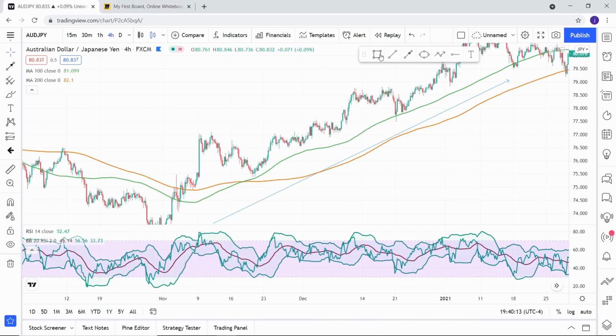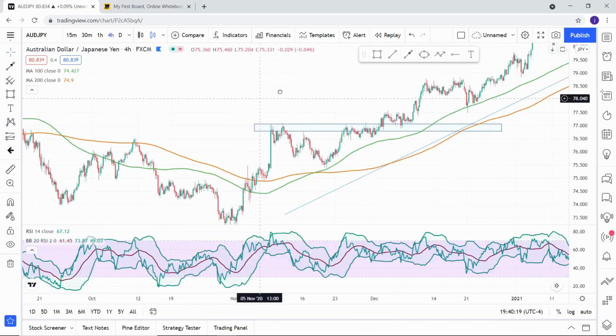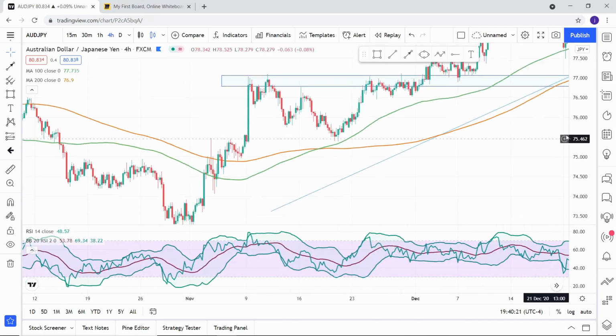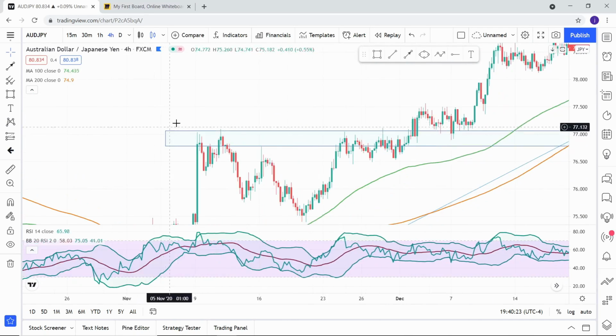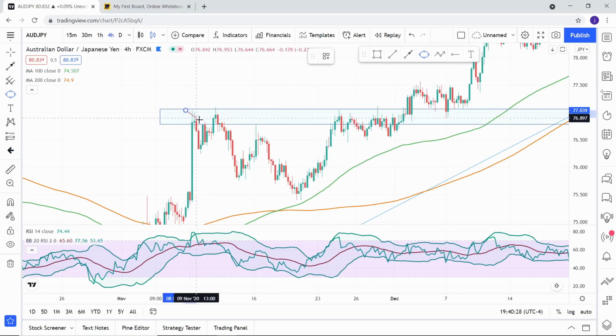So as you can see here, as price continues moving upwards, we have one area right here. Why is this an area, you might ask? Well, guys, as price continues moving upwards, multiple times it came into this area and tested it. And we have this here, and we have another time right here. Price pulled away from that area, meaning that it pulled back, it moved away from it.